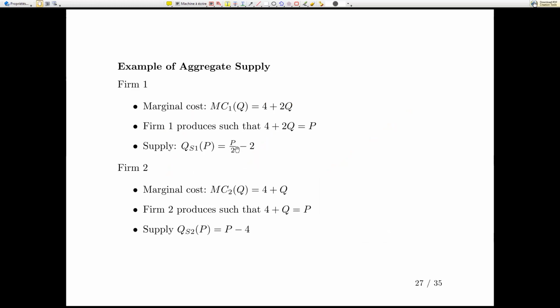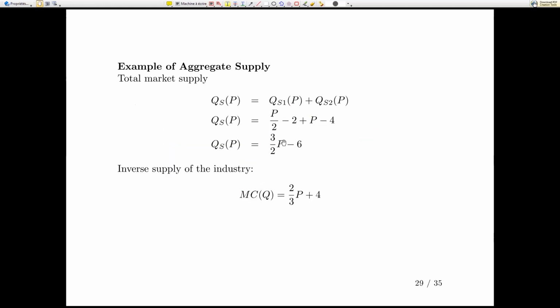So you get P times 2 over 2 plus P times 1 over 2. So that's P times 3 over 2 minus 6 for the total supply. And then you invert back. And that's how you get marginal cost of Q equals 2/3 of P plus 4.